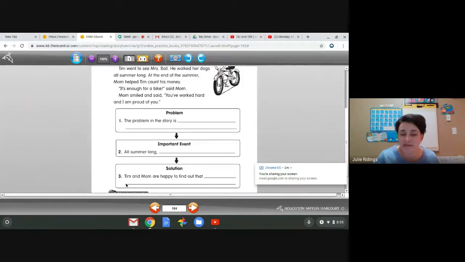So at the bottom, it says, Tim and Mom are happy to find out that Tim has enough to buy a bike. Or Tim has enough money for his bike. Okay, I do want to hear he has enough money for a bike. I don't want to just hear he has enough money. Enough money for what? His bike.